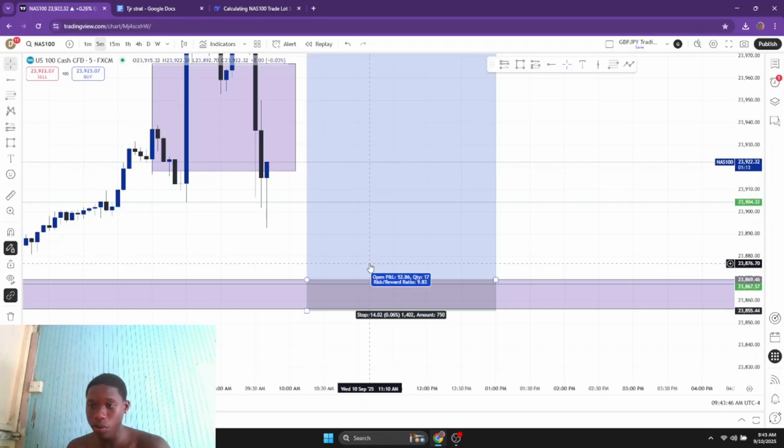Our trade would be at 23869. Okay, and our stop loss is going to be 23855.44.